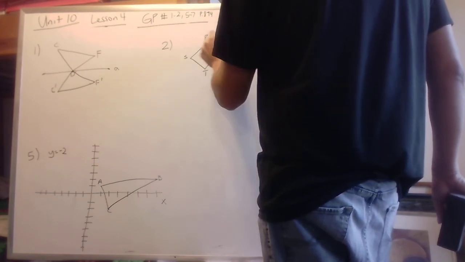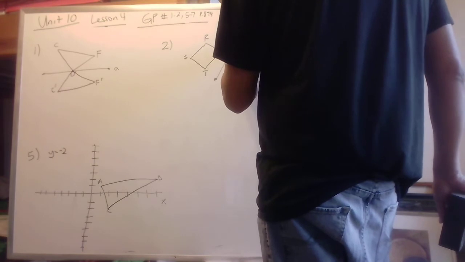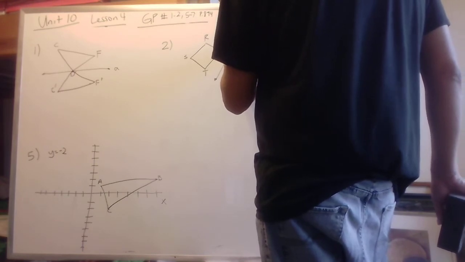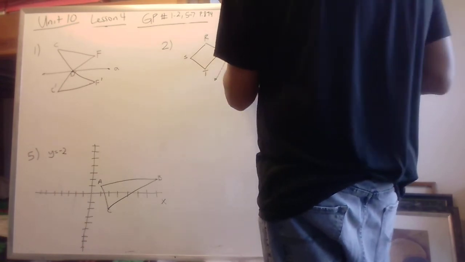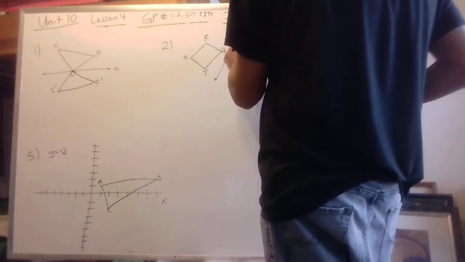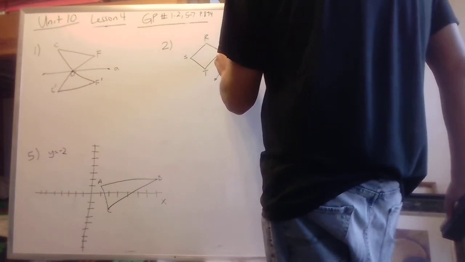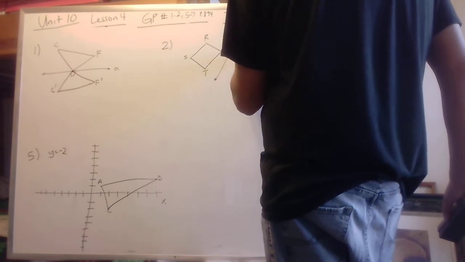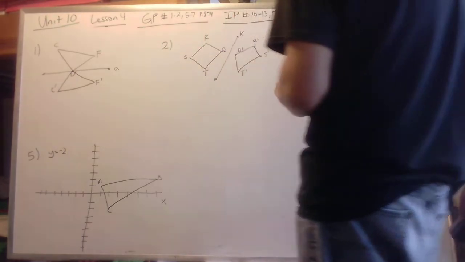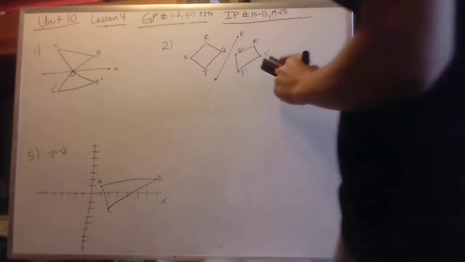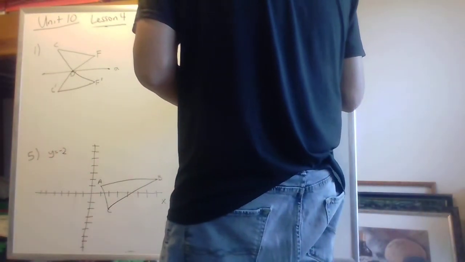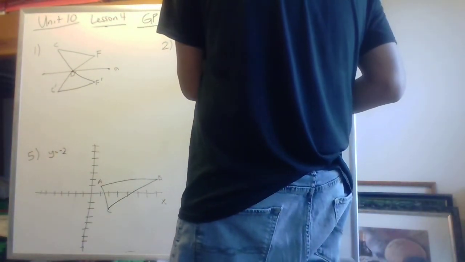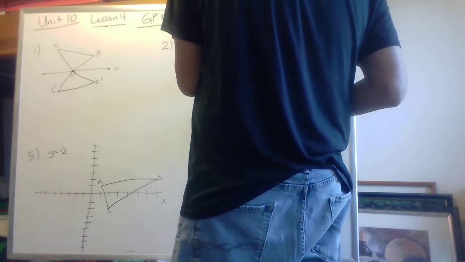And then R prime is going to be maybe right there. So that is R prime. And again, if we had a ruler, we can make it identical to the way the book wants it.